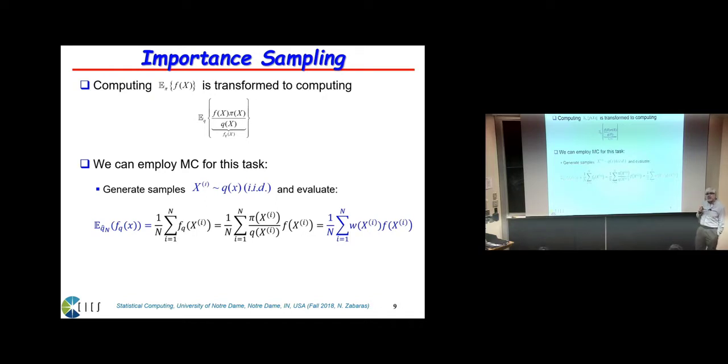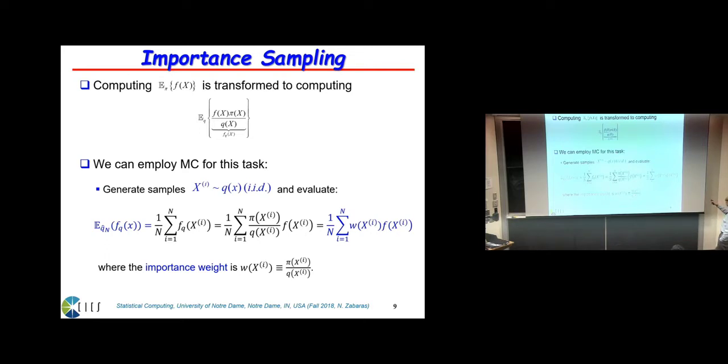The weights are needed to account for the fact that we don't take samples from the actual distribution, but from another arbitrary proposal distribution Q. These w's are the magic element that allow us to do this. The weights are given by pi divided by Q.